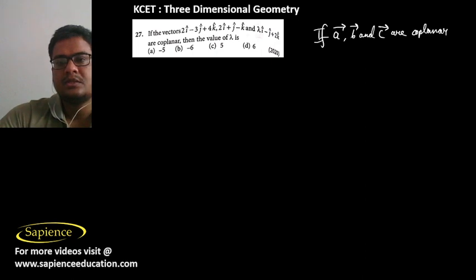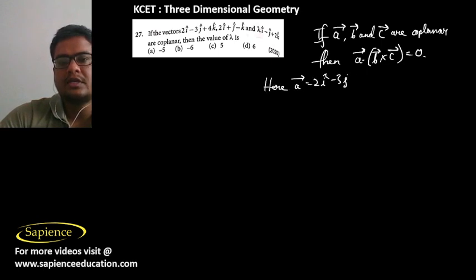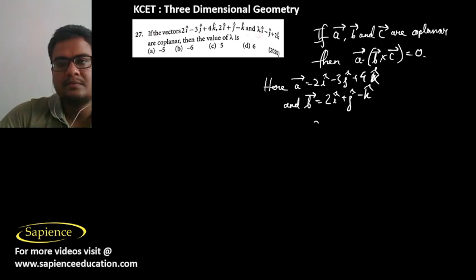We know that if the vectors A, B, and C are coplanar, then their scalar triple product is 0. It means A dot B cross C should be equal to 0. Now here the vector A is 2i cap minus 3j cap plus 4k cap, the vector B is 2i cap plus j cap minus k cap, and C vector is lambda i cap minus j cap plus 2k cap.